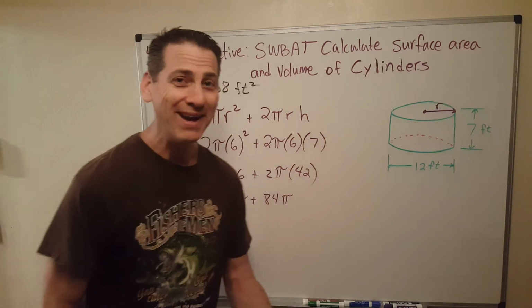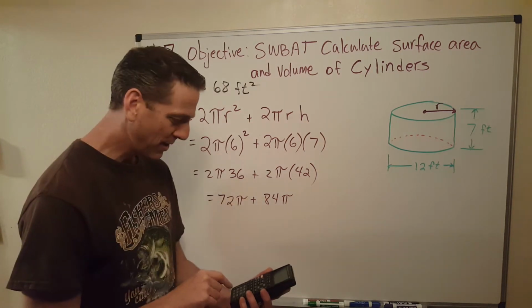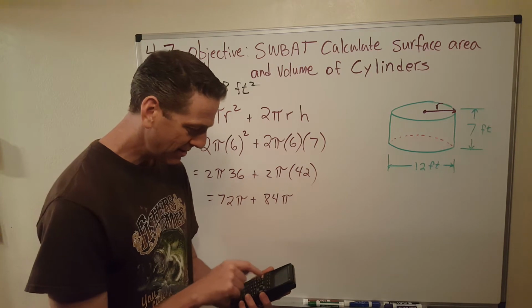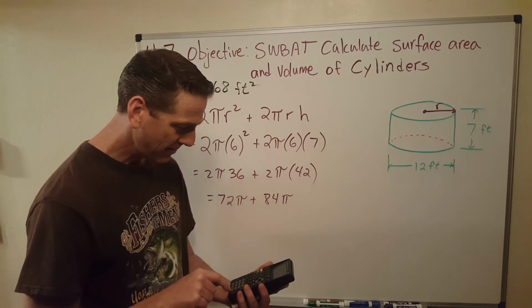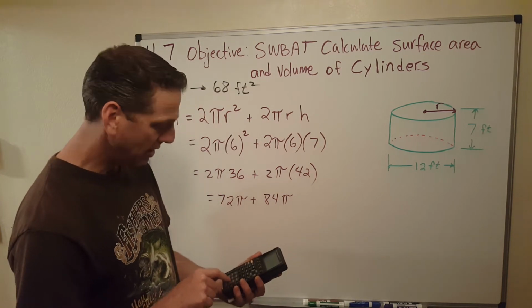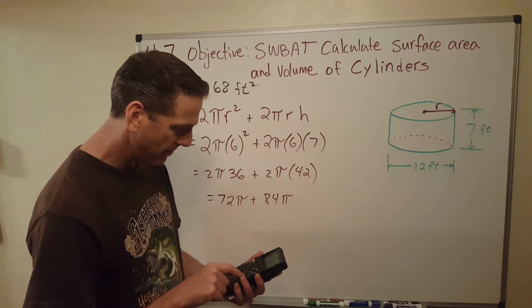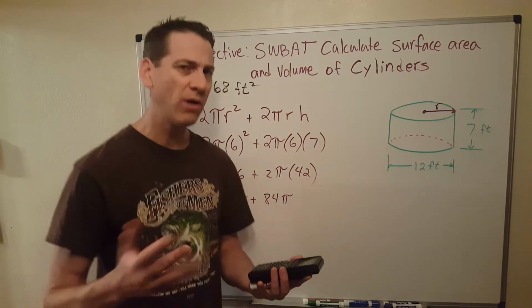All right, I'm back. I had to go get my calculator. So let's figure that out. 72 pi plus 84 pi. I get about 490.